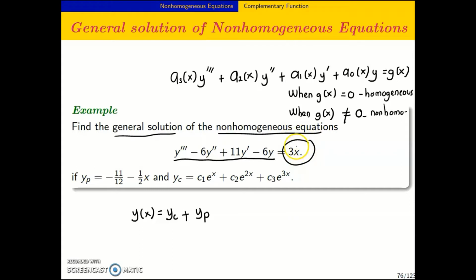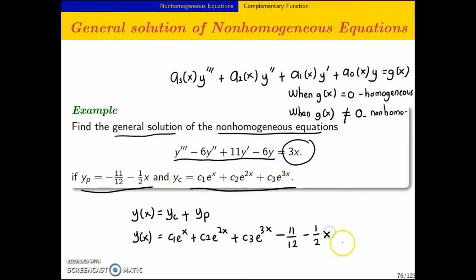So if it's given that yp is this and yc is this, your general solution is yc, which is c1 e^x plus c2 e^(2x) plus c3 e^(3x), plus my yp. yp will be negative 11 over 12 minus 1 over 2 x. So this is my general solution for the non-homogeneous equation.